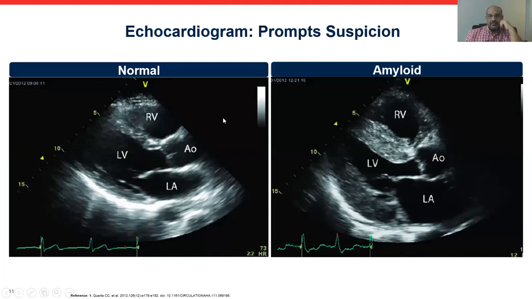Echocardiogram is the first thing to give us the prompt suspicion when we have concentric hypertrophy with a small cavity and left atrial enlargement. Sparkling appearance in the echo is not very specific, but we find it commonly. It's not very specific for amyloidosis, but it raises the suspicion.